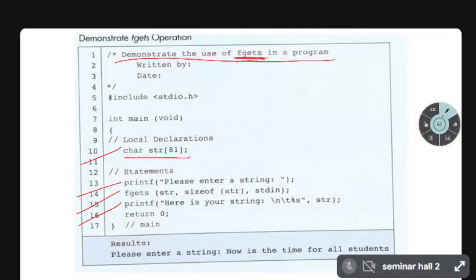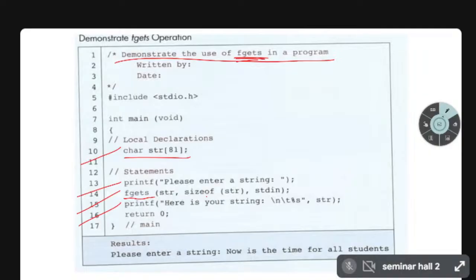Then the fgets function, don't give spaces please. fgets bracket open str comma sizeof str comma stdin, standard input. stdin is predefined, the standard input device. In C language, the standard input device is the keyboard.